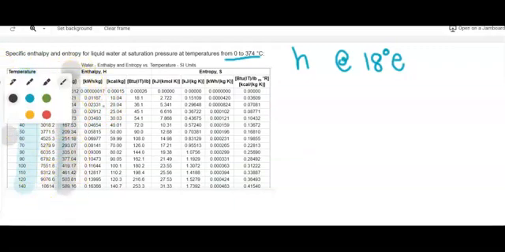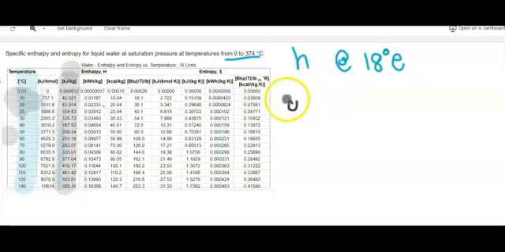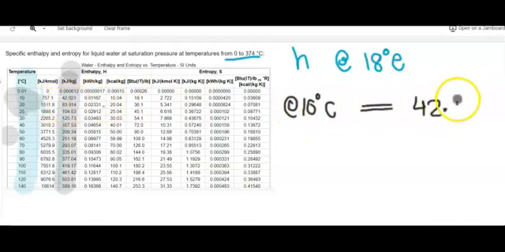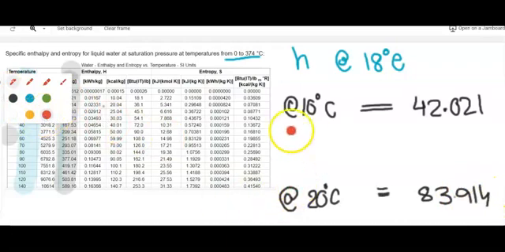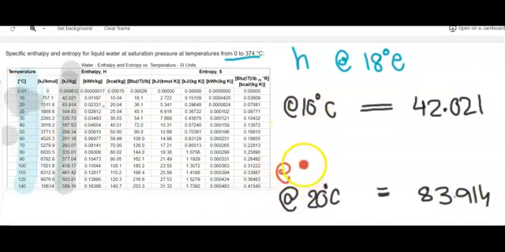So at 10 degrees centigrade, the value is 42.021. At 20 degrees centigrade, the value is 83.914. And I need 18, which is going to be closer towards 20, far away from the 10. So I need to find that one.